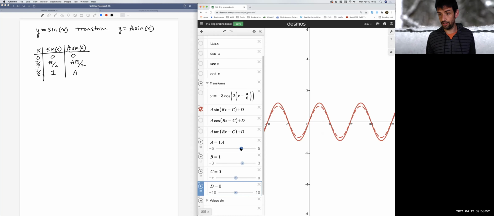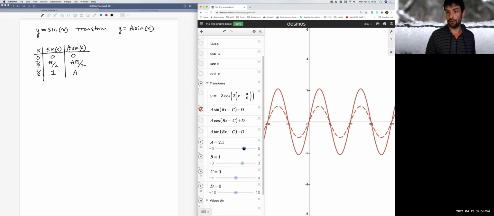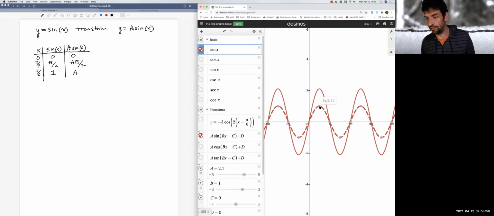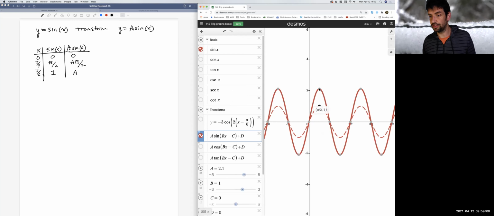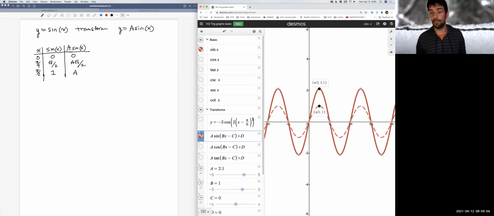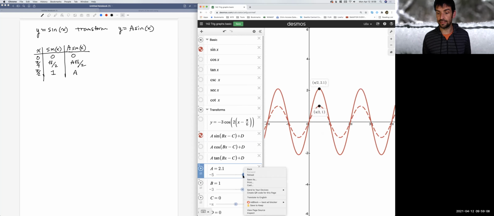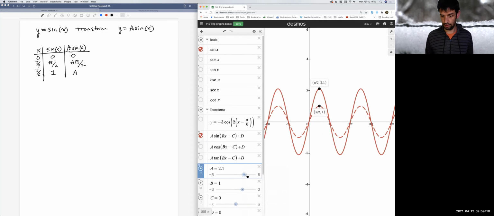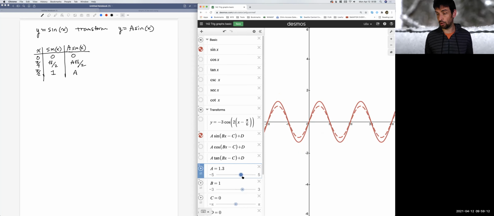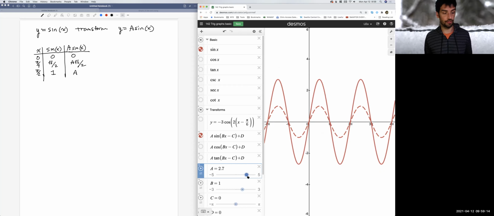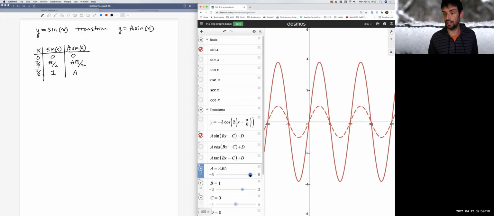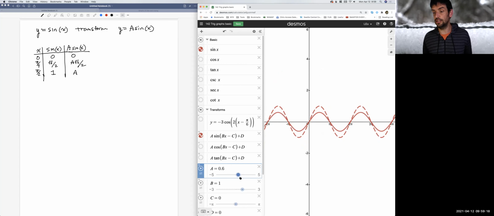In other words, they're moving up, right? So this point here where the value of the function used to be 1, if we've multiplied it, I've got an a value of 2.1, has now moved up to 2.1, right? And every point has scaled that same way. Notice, of course, the zeros don't change. The function is still going through all the same zeros on our graph.